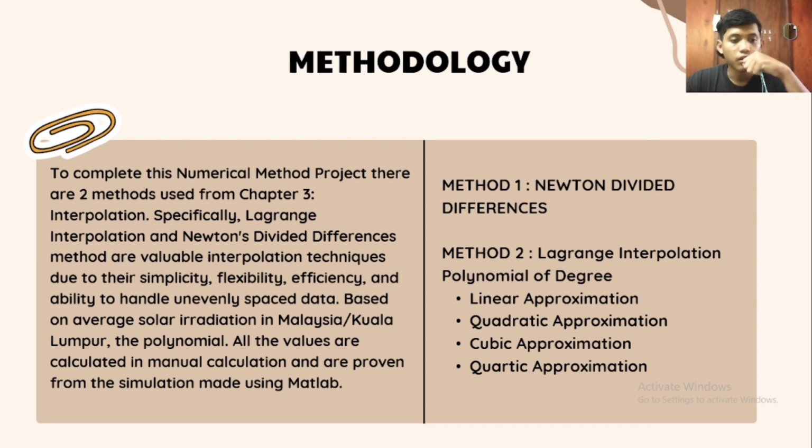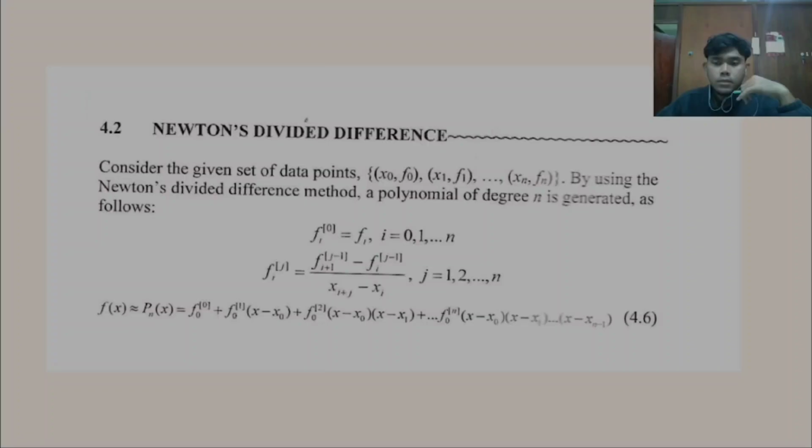Based on average solar irradiation in Malaysia, especially in Kuala Lumpur, the polynomial, all the values are calculated by manual calculation and are proven from the simulation made using MATLAB. We use two methods: first, Newton divided difference, and second, Lagrange interpolation. Lagrange interpolation has four approximations: linear, quadratic, cubic, and quartic.